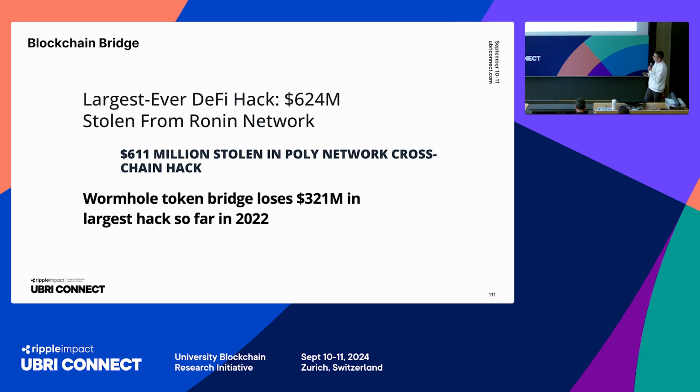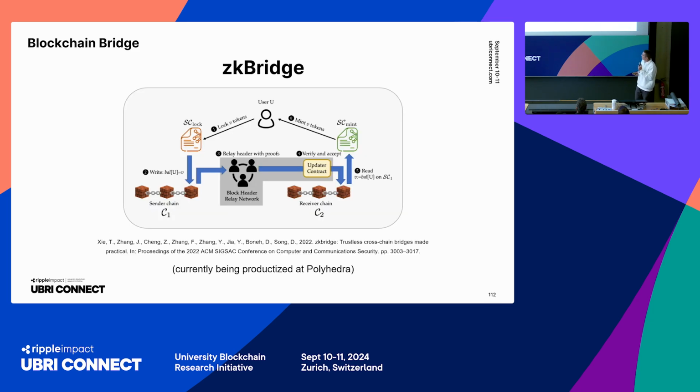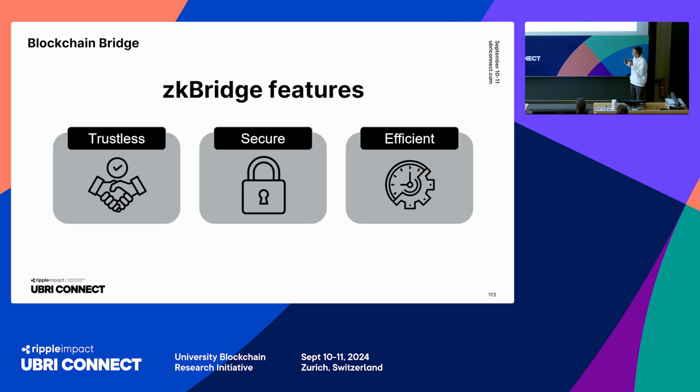So a solution by some great scientists from the US, Dan Boneh here, is the zkBridge, which was proposed in 2022 and is currently being productized by Polyhedra. It brings three properties that are really interesting. We have the trustless property: we are not trusting any committee now.